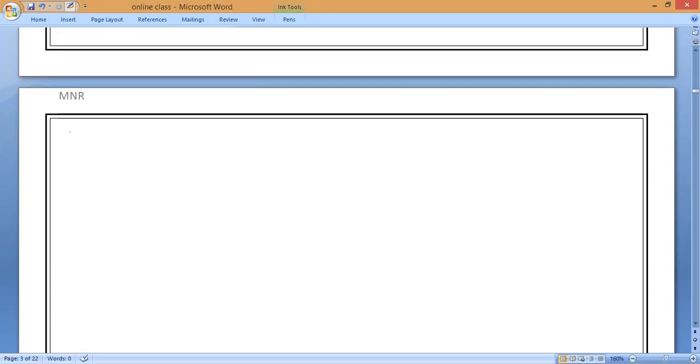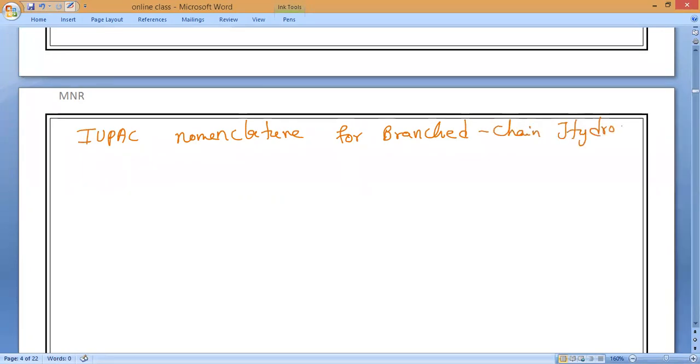So please keep reading: IUPAC nomenclature for branched chain saturated hydrocarbons. Certain rules we have to follow when naming saturated hydrocarbons.